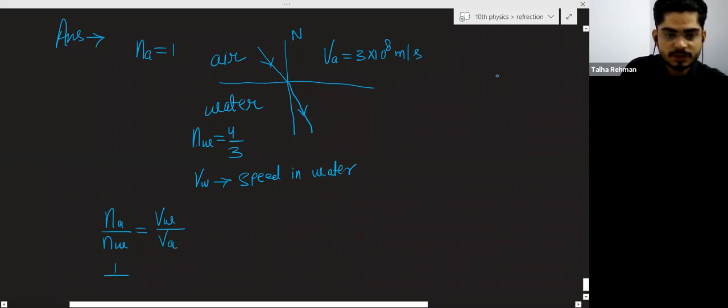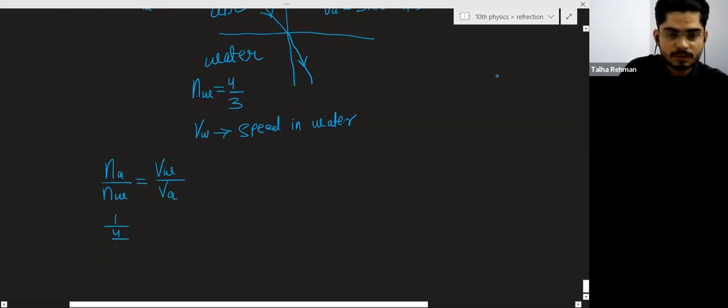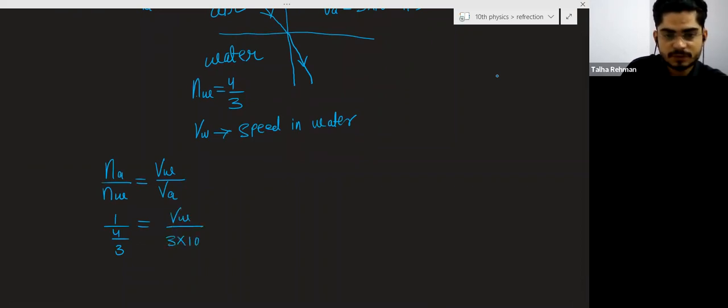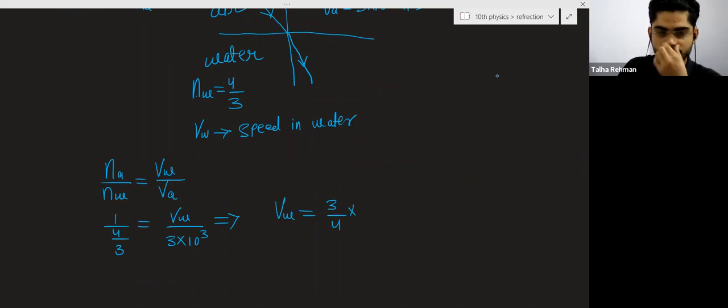So this is 1, this is 4 divided by 3, and this we have to find, and this we have given. So from here we can find this. This becomes 3/4 into 3 into 10 to the power 8.